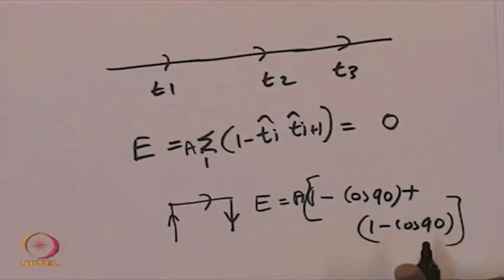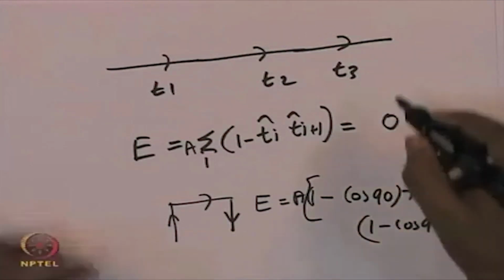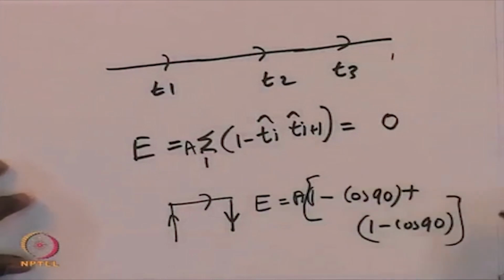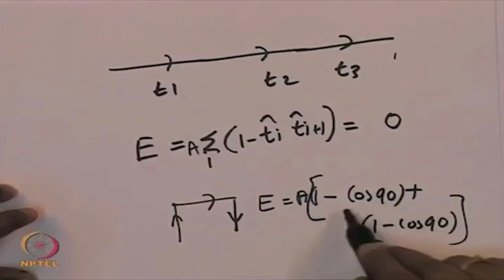So, cos 90, cos pi by 2, is basically 0. Cos 0 is 1, cos 90 is 0. So, this is 1 minus cos 90, so 1 plus 1 is 2.